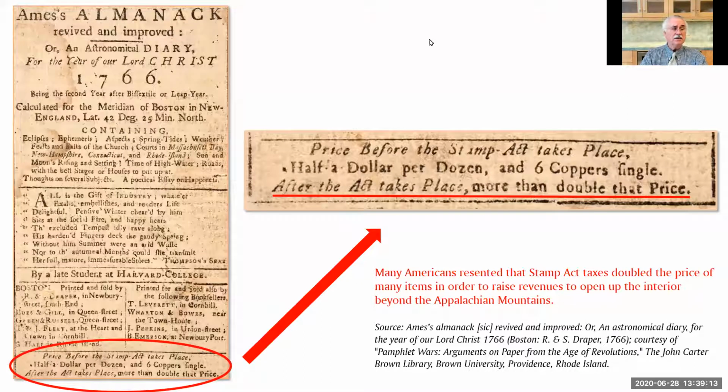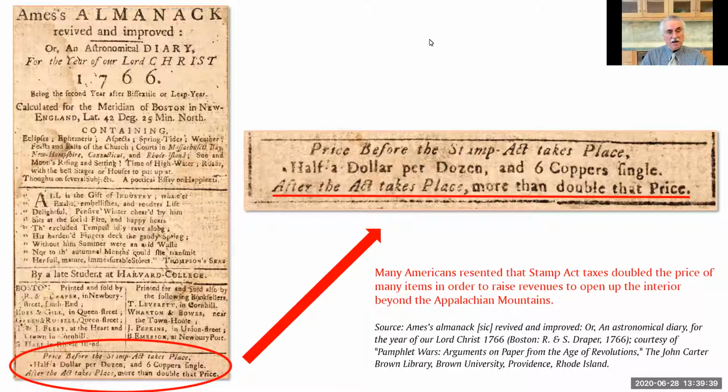Farmers and sailors used almanacs because many almanacs included tide tables, which had the high water mark, the low water mark, and that sort of thing in many different areas. This one was for Boston.